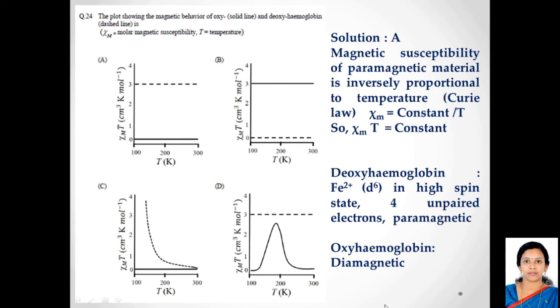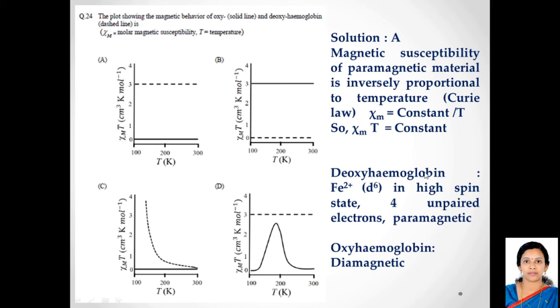Once oxygen binds to this ion, the electrons get paired and it becomes diamagnetic. So deoxyhemoglobin is paramagnetic and oxyhemoglobin is diamagnetic. Which one of these will have more magnetic susceptibility?